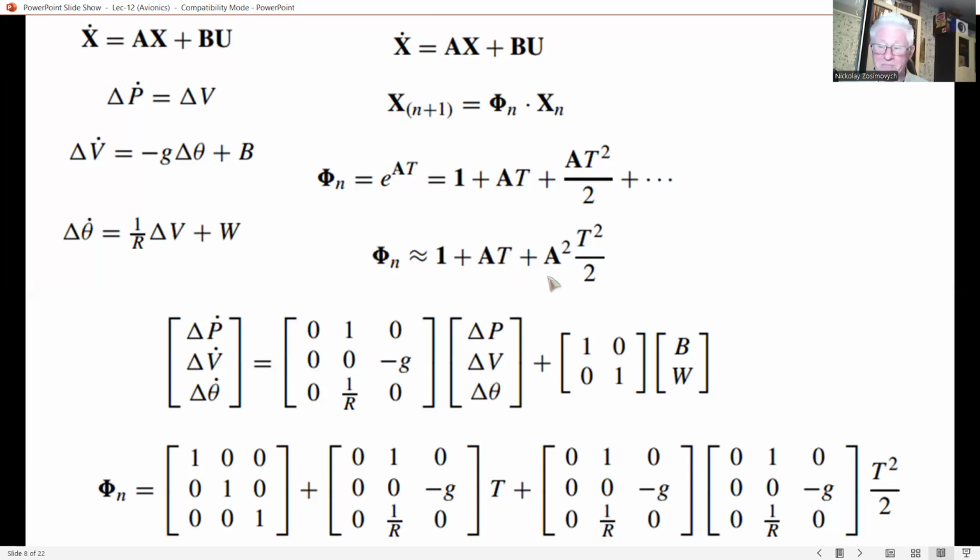1 plus at plus a squared t squared over 2. For the above simple method, we may rewrite this expression as you can see on the bottom in vector form.